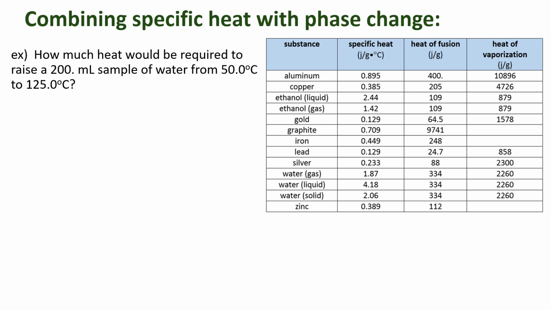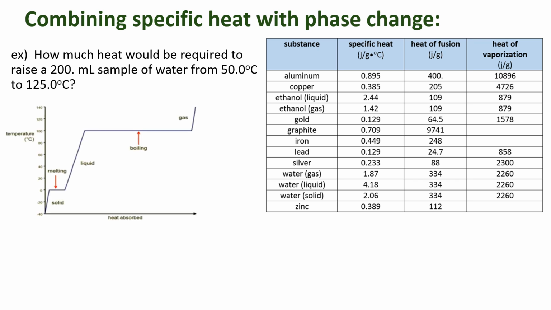Okay, last step here, we have to talk about combining specific heat with phase change. How much heat would be required to raise a 200 milliliter sample of water from 50 degrees Celsius to 125 degrees Celsius?